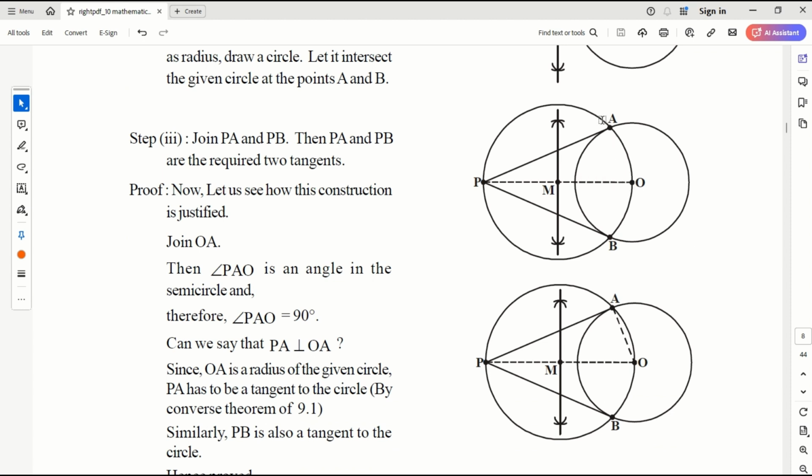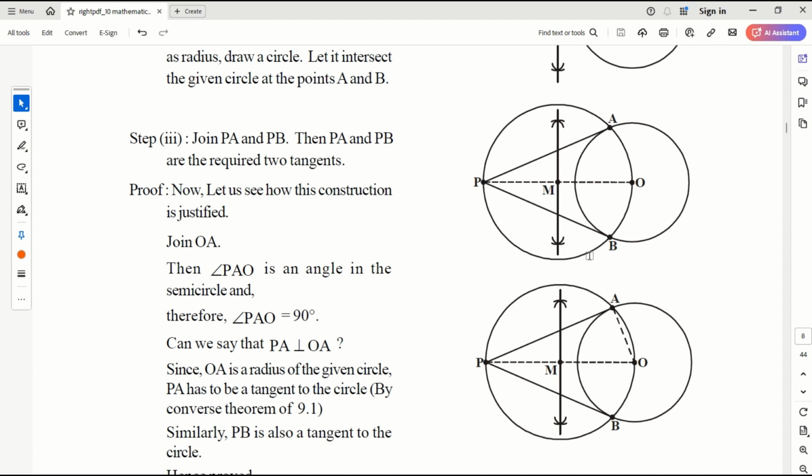If you join OA, this is a right angle triangle. Correct? If you join OA and OB, PA is perpendicular to OA because it is an angle in a semicircle.